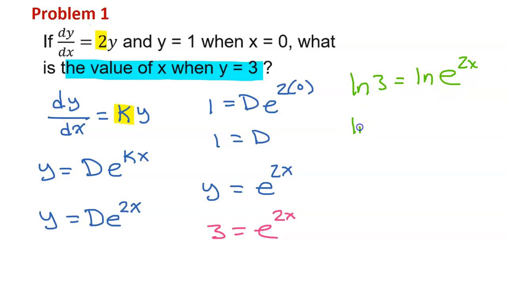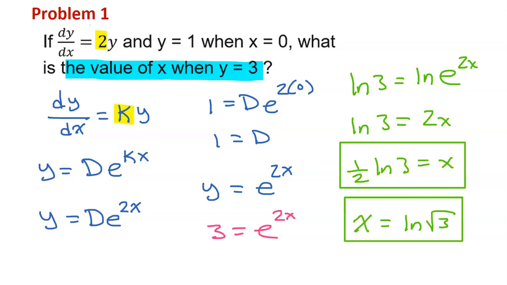So we end up then with natural log 3 is equal to 2x. Dividing both sides by 2, we get 1/2 times natural log of 3 is equal to x, which is exactly what we got the last time. Make sure you know this shortcut. If you have dy/dx is equal to k times y, you can jump straight to here.